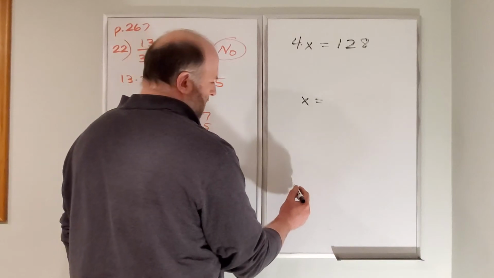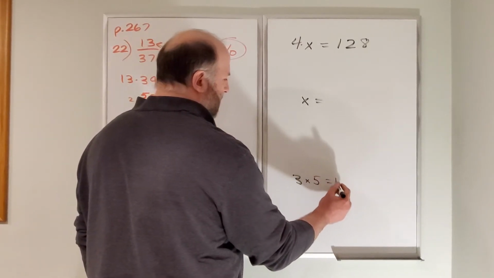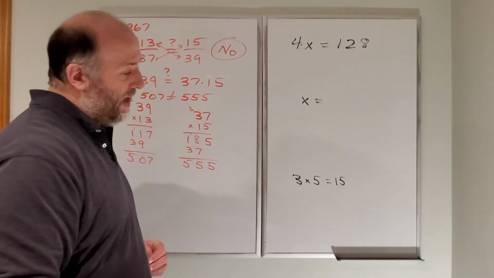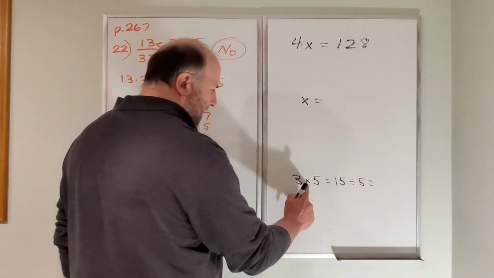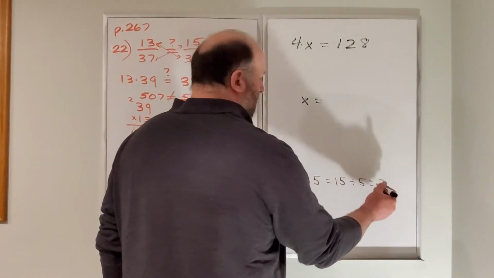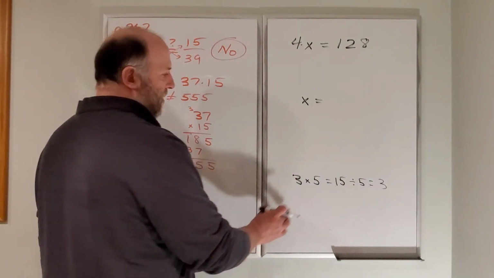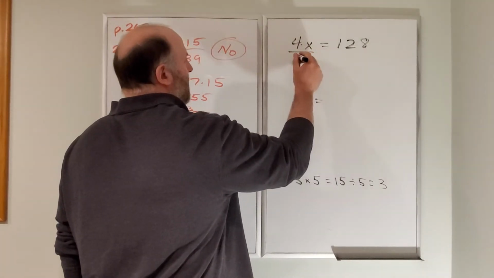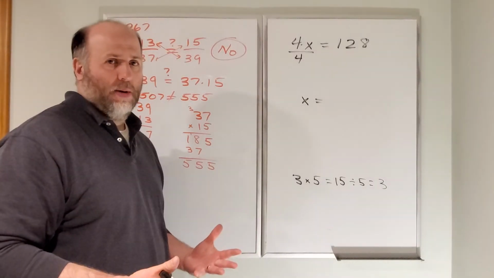I mean, if I take something like 3 and I multiply it by 5, yeah, that gives me 15. What if I wanted to undo that? Well, I could just divide by 5. I could divide by whatever I multiplied by, and that would give me my original value back. So if I am multiplying by a number and I want to undo that, I can just divide by that same number. Okay?